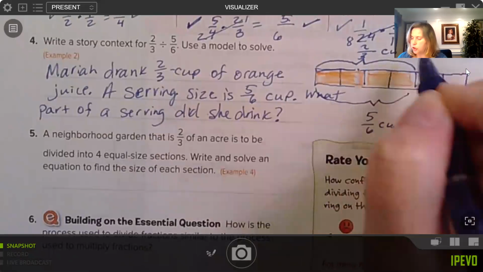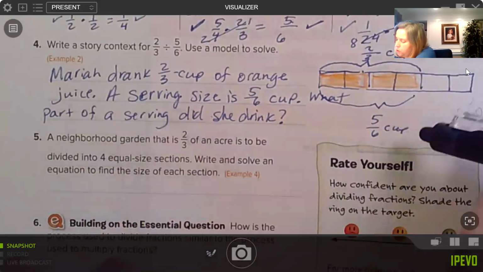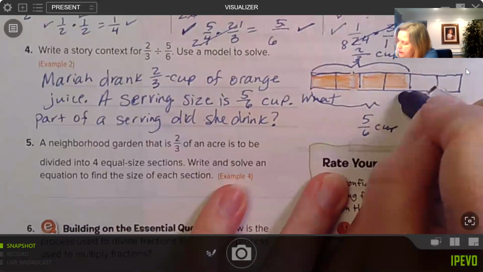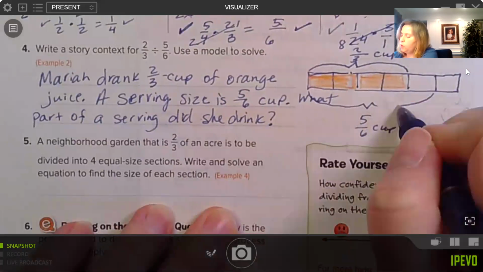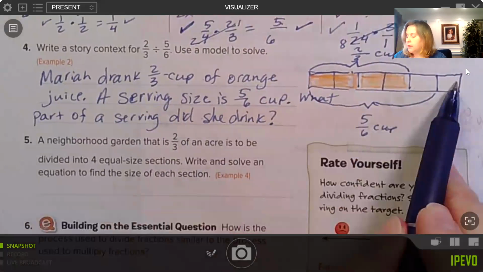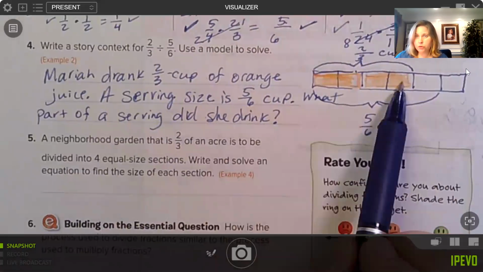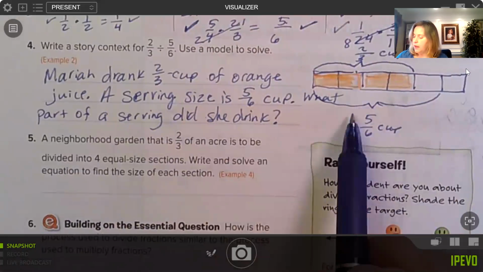So what portion did she drink? 5/6 goes one more over. 5/6 right here. 1, 2, 3, 4, 5 out of 6. Here's our 5/6. And this is what she drank, 1, 2, 3, 4, 6, which simplifies to 2/3.